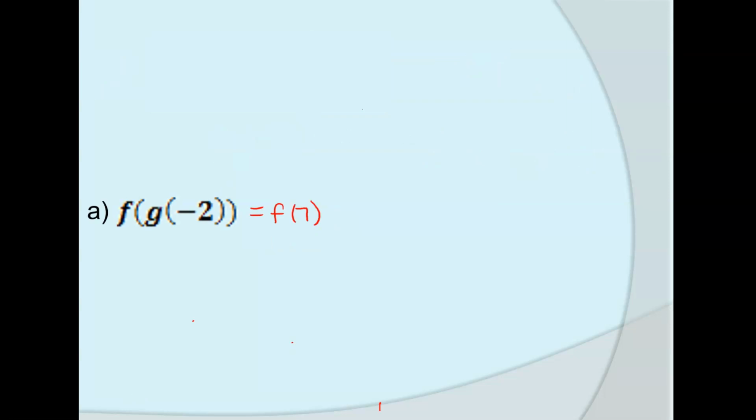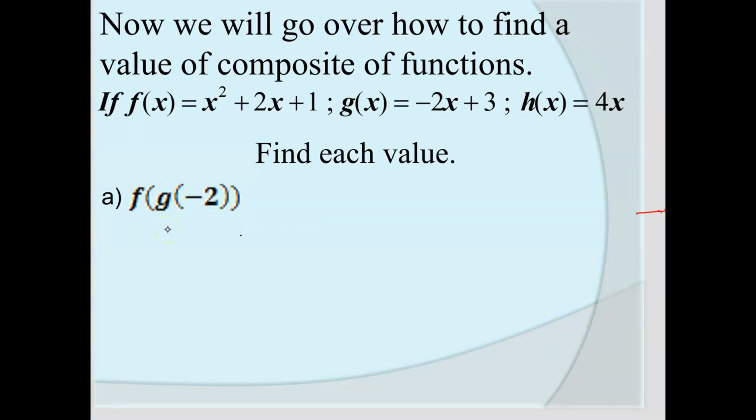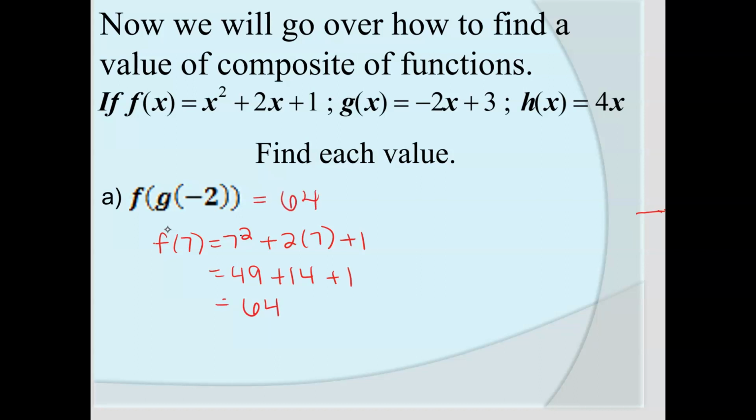So then f of 7 says that we need to plug 7 in. All right, so f of 7 is equal to 7 squared plus 2 times 7 plus 1. So it's 49 plus 14 plus 1. So that's 50 plus 14, which is 64. So f of g of negative 2 is equal to 64.